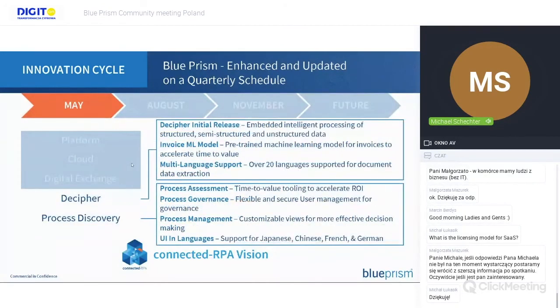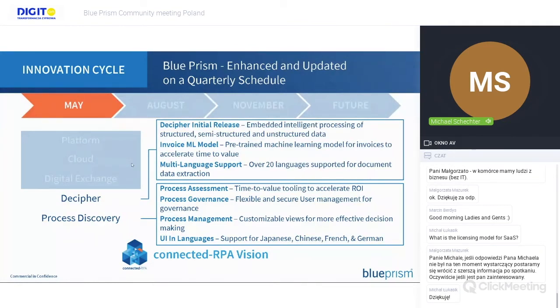For Decipher, we plan an initial release that's going to be pre-trained for invoices, so it's providing an invoice machine learning model, but it will also be available in the next version pre-trained for other types of documents, and for sure you can also train it yourself for other types of documents.